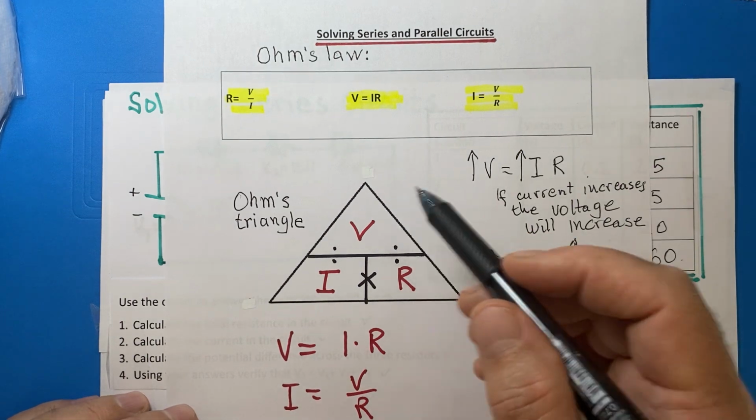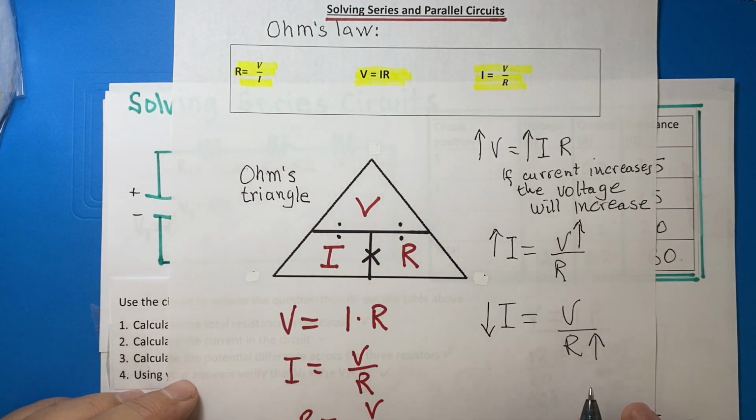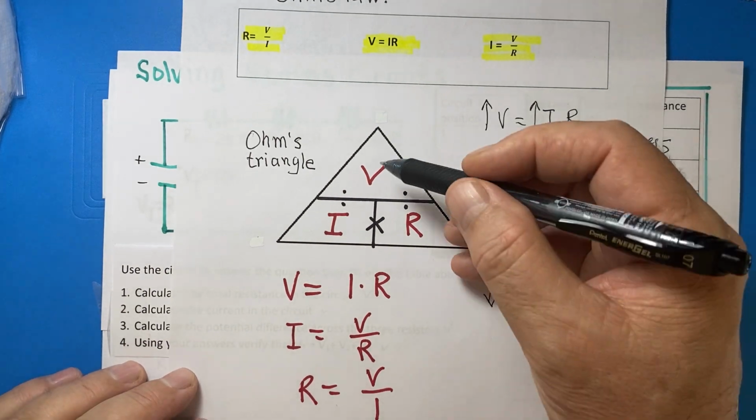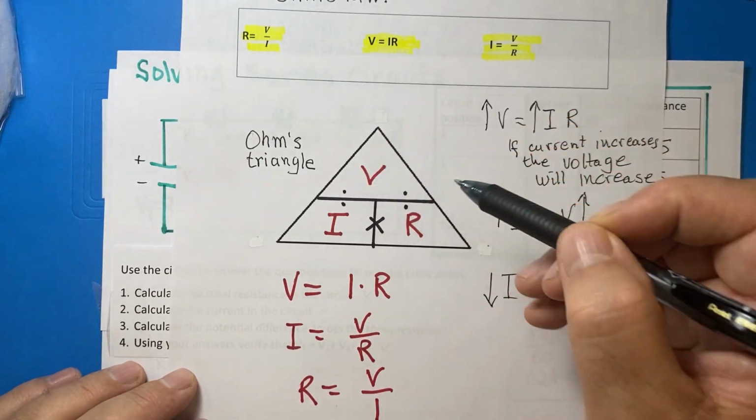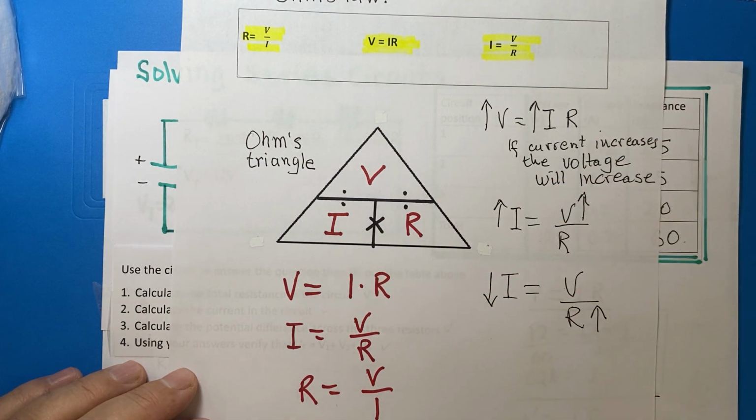For memorizing the formulas, you can use the Ohm's triangle here. Put V at the top and current and resistance below.